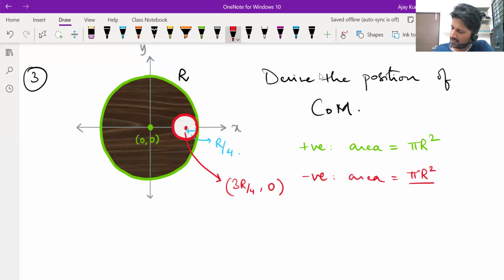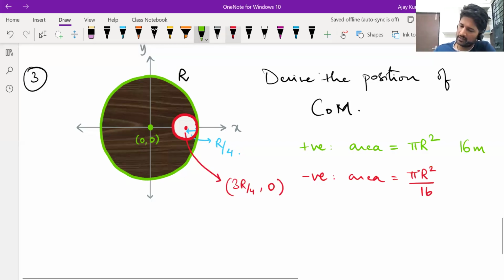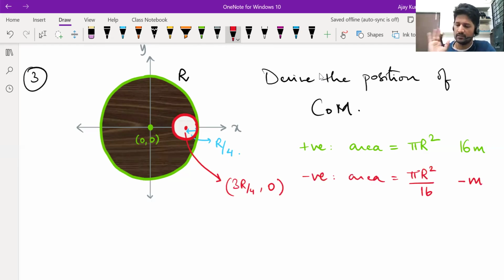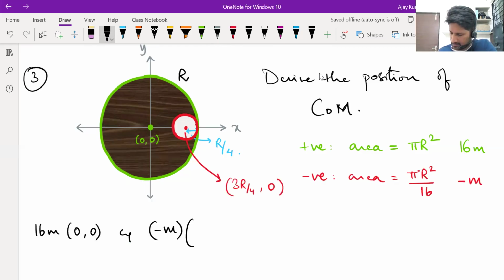It becomes pi r square by 16. So area ratio is 1 is to 1 by 16. That's like 16 is to 1. So the mass ratio will also be 16 is to 1. So you can treat positive mass as 16m, negative mass as minus m. These are what we are going to use. So 16m is at 0, 0 and minus m is at 3r by 4, 0.